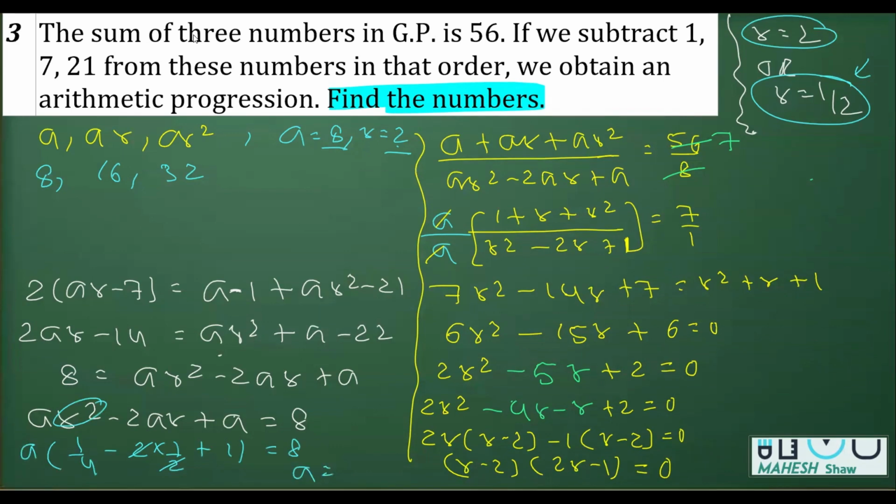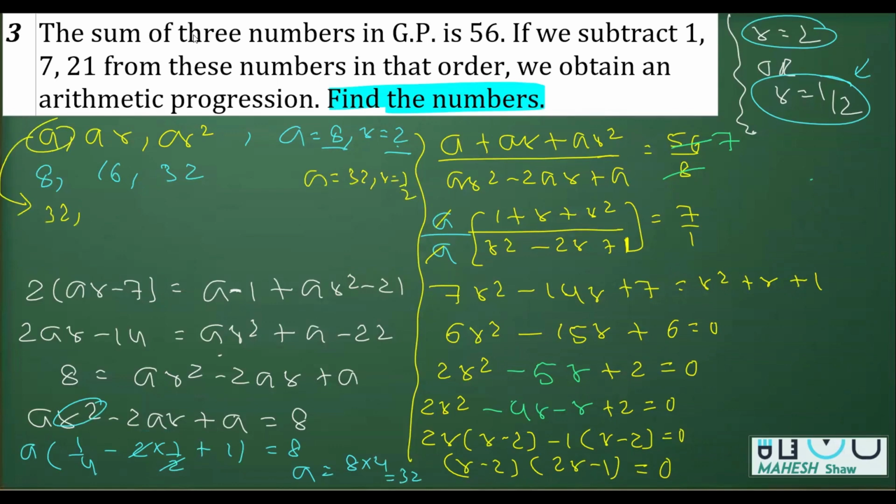So now A is 8, and this side it's 1 by 4. We are left with 1 by 4 on transposing. With this, we are getting A as 32. Now we obtain the second GP, replacing A with 32. Let me once again tell you, we are taking A as 32 and R as half.